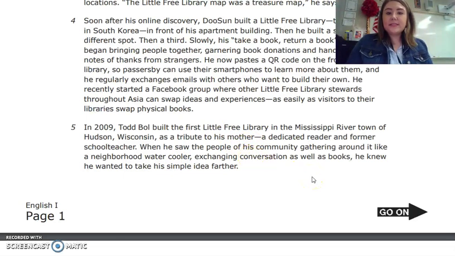When he saw the people of his community gathering around it like a neighborhood water cooler, exchanging conversations as well as books, he knew he wanted to take his simple idea further. Okay? So right there with that sentence, I'm automatically kind of connecting it to Do Sun's idea in paragraph, what was that?